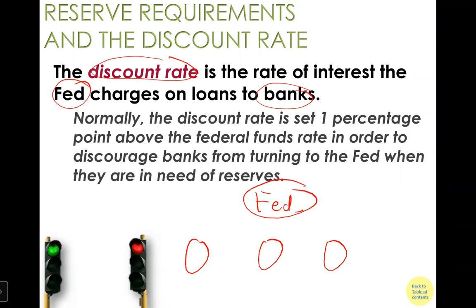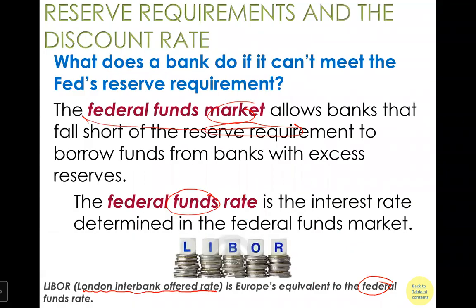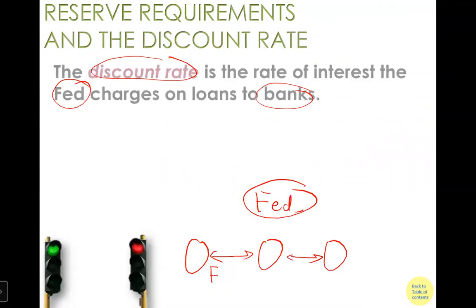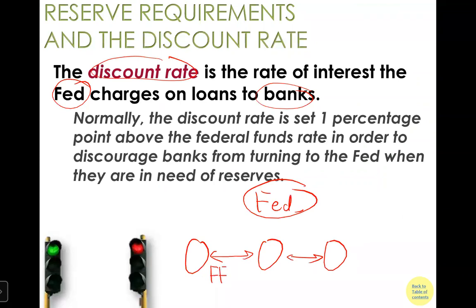The commercial banks can borrow from each other through the federal funds market, as in the previous slide, at the federal funds rate, FFR. And the banks can also borrow from the Fed. This is called the discount rate, and as we saw earlier, this is called the discount window, right?